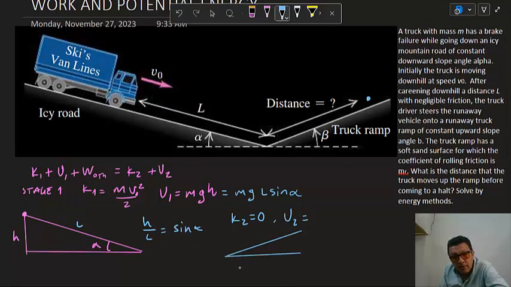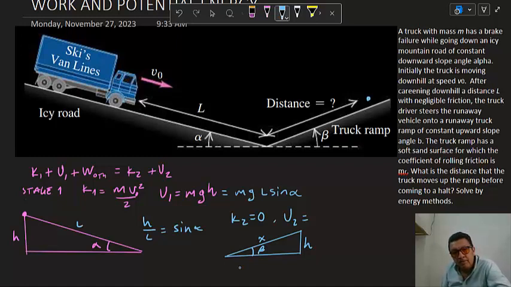I'm going to draw a triangle like this. We have the height, we have distance x, the final distance, and we have a beta angle.